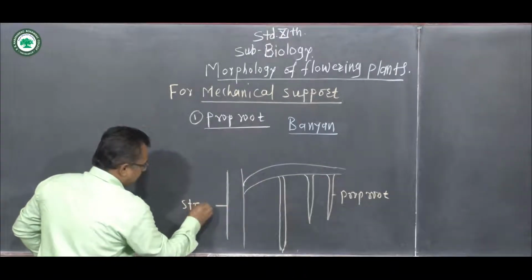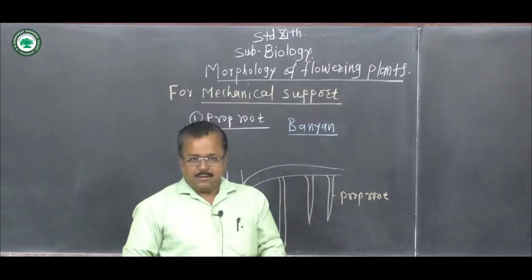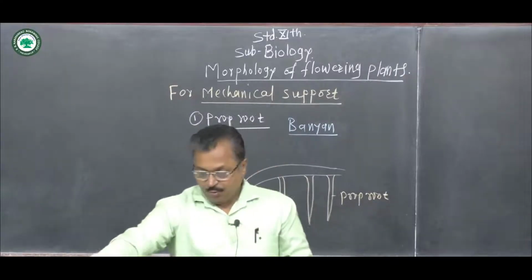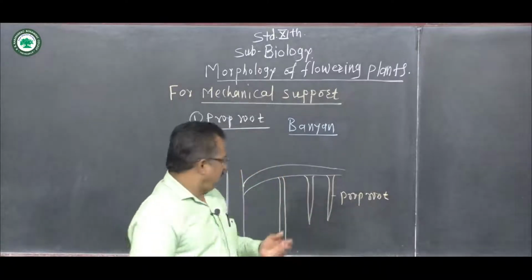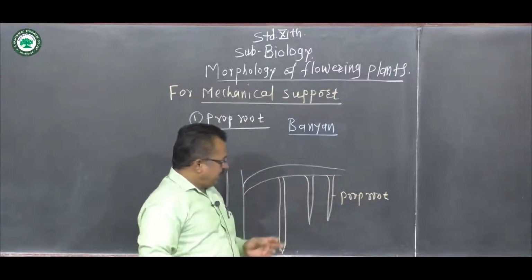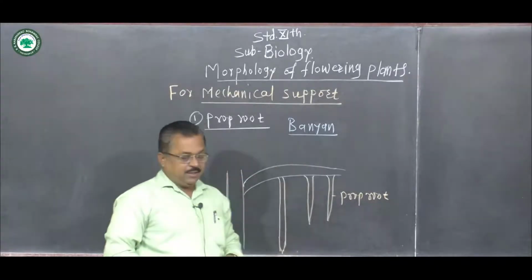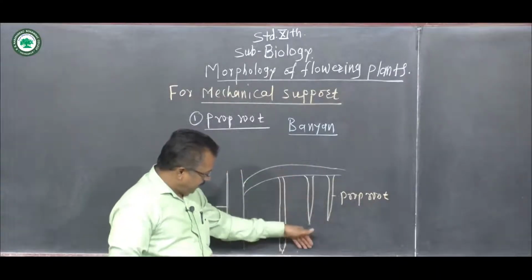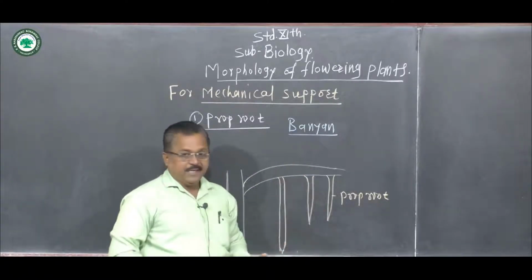Stem of the plant. They provide mechanical support to the plant's horizontal branches. These roots grow downward and penetrate the soil and provide mechanical support.